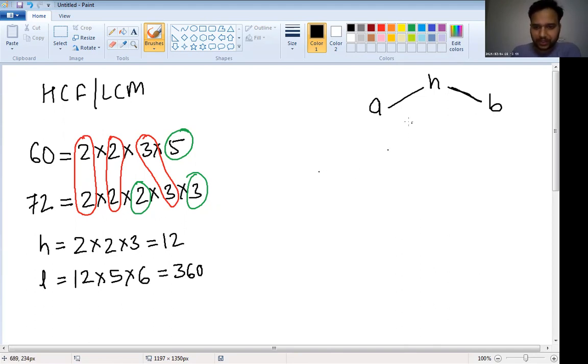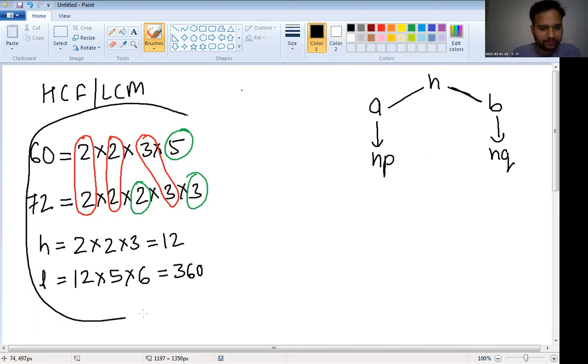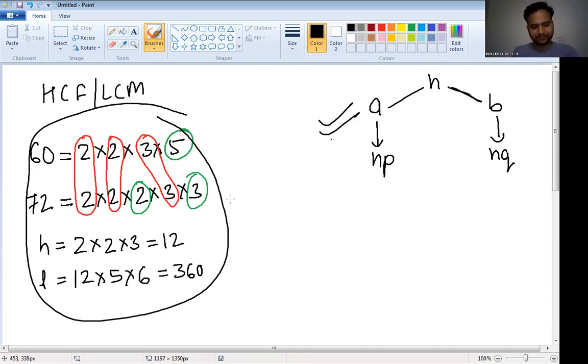So now, can I write this A as H into P and B as H into Q? Now, compare it with this example. Compare the right side with the left side.